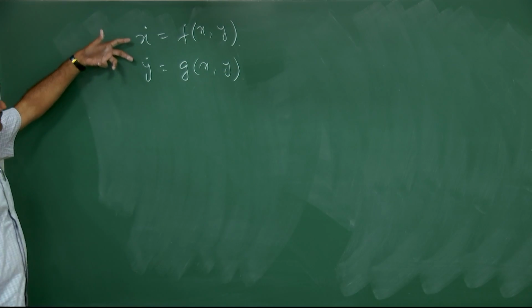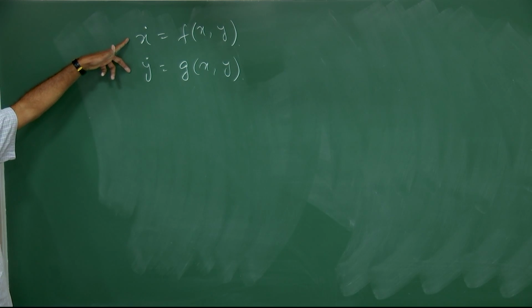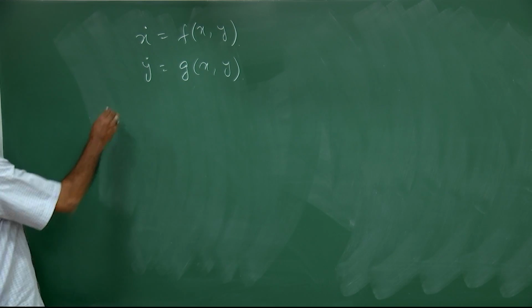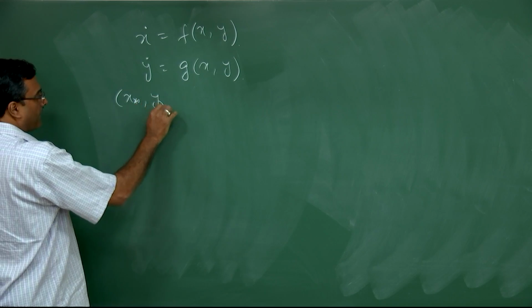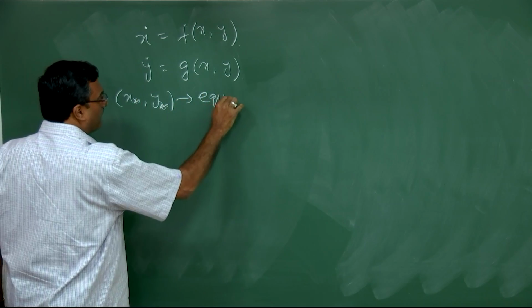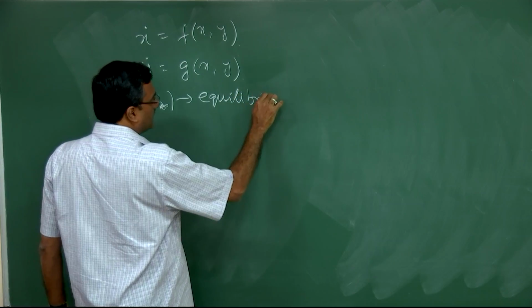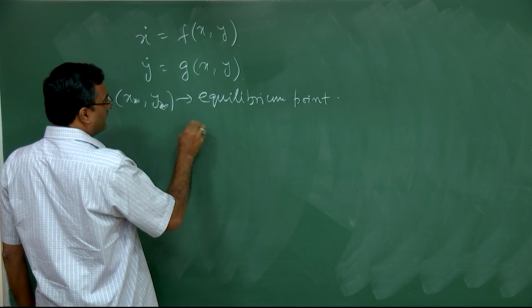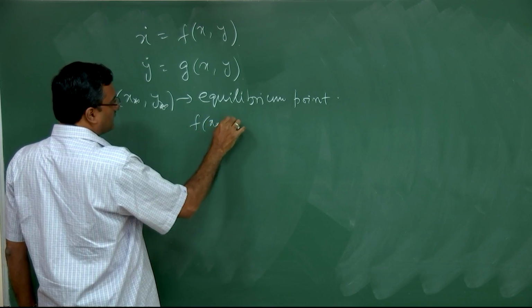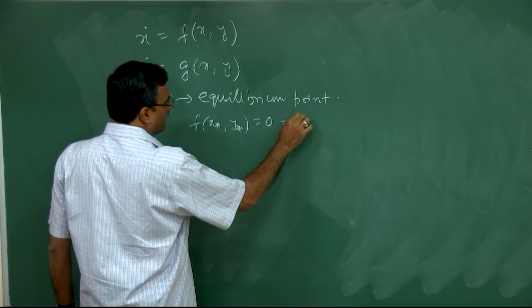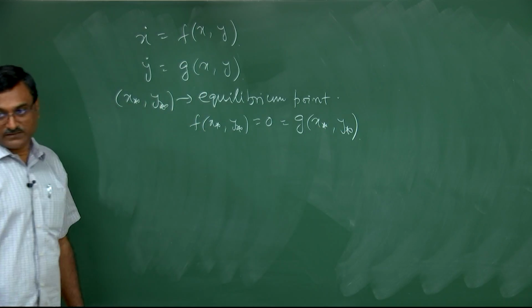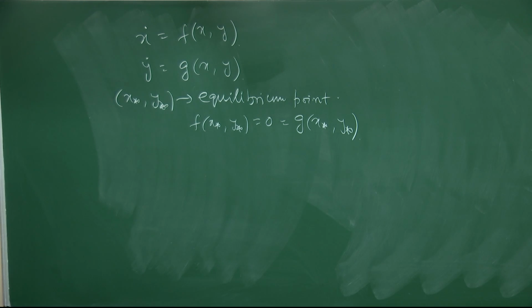So these are a system of two nonlinear coupled ODEs. In this case also you can define that (x*, y*) is an equilibrium point whenever f(x*, y*) is equal to 0, which is equal to g(x*, y*).